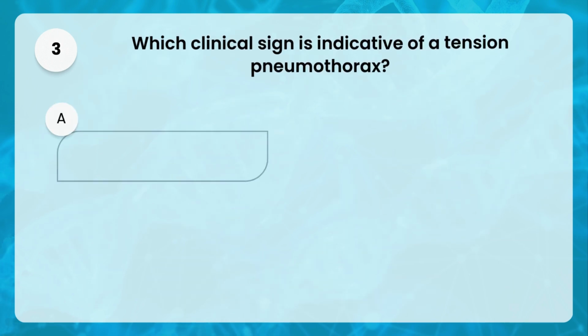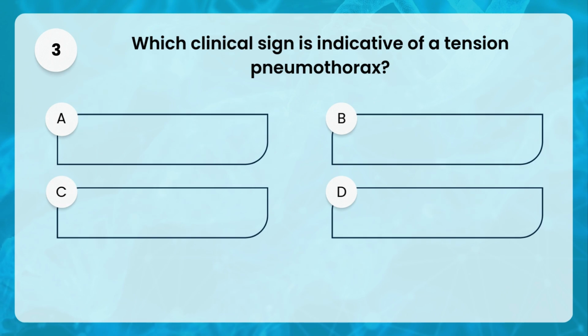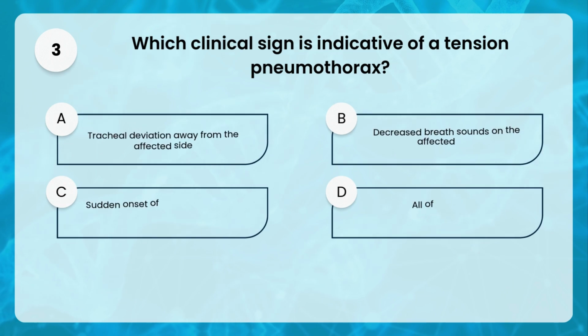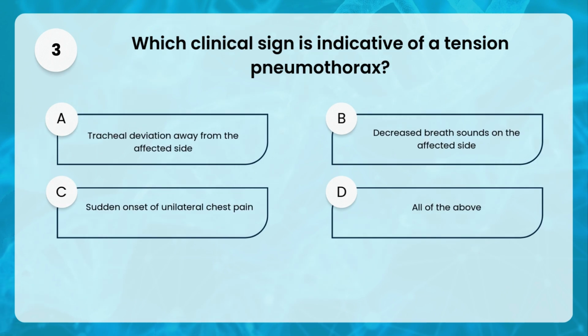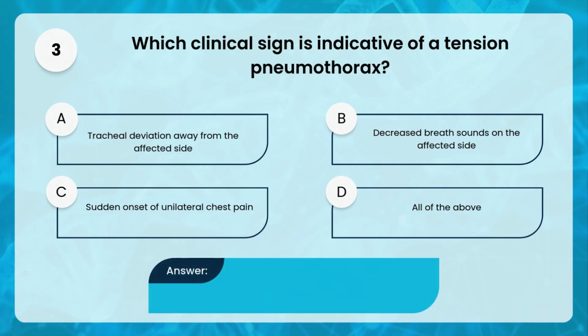Which clinical sign is indicative of a tension pneumothorax? A. Tracheal deviation away from the affected side. B. Decreased breath sounds on the affected side. C. Sudden onset of unilateral chest pain. Or D. All of the above. The answer is D. All of the above.